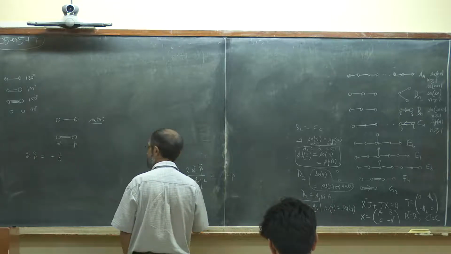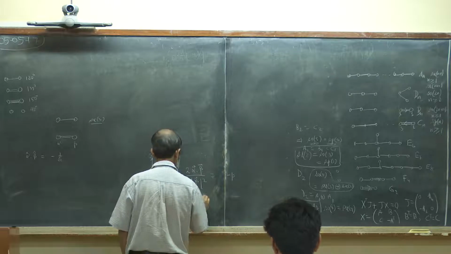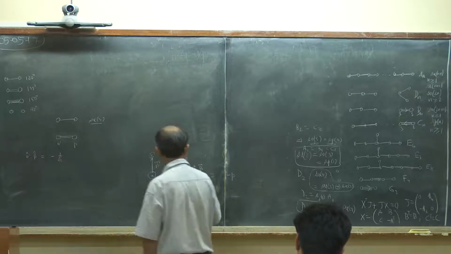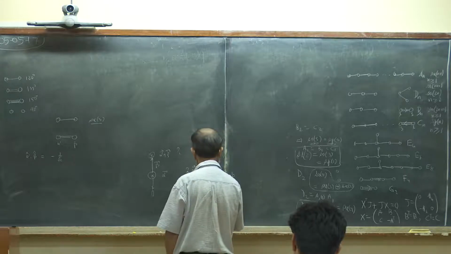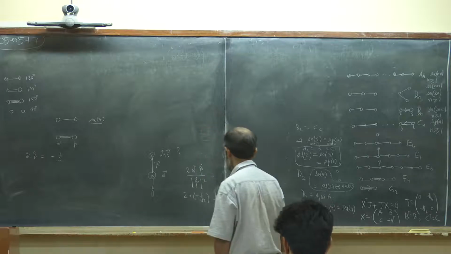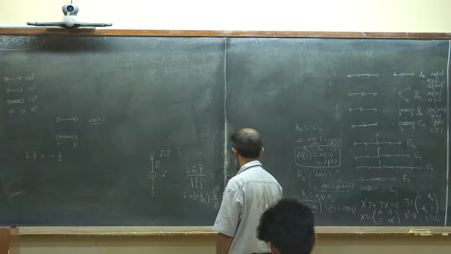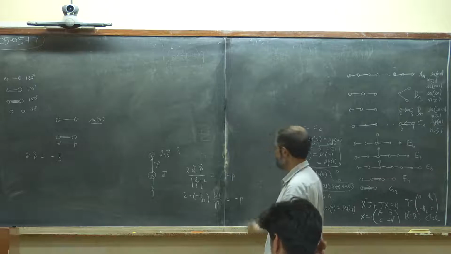So this is 2 into minus square root of stuff, and if you write them in terms of the hats, you will get alpha by beta equal to minus p, where p is an integer.